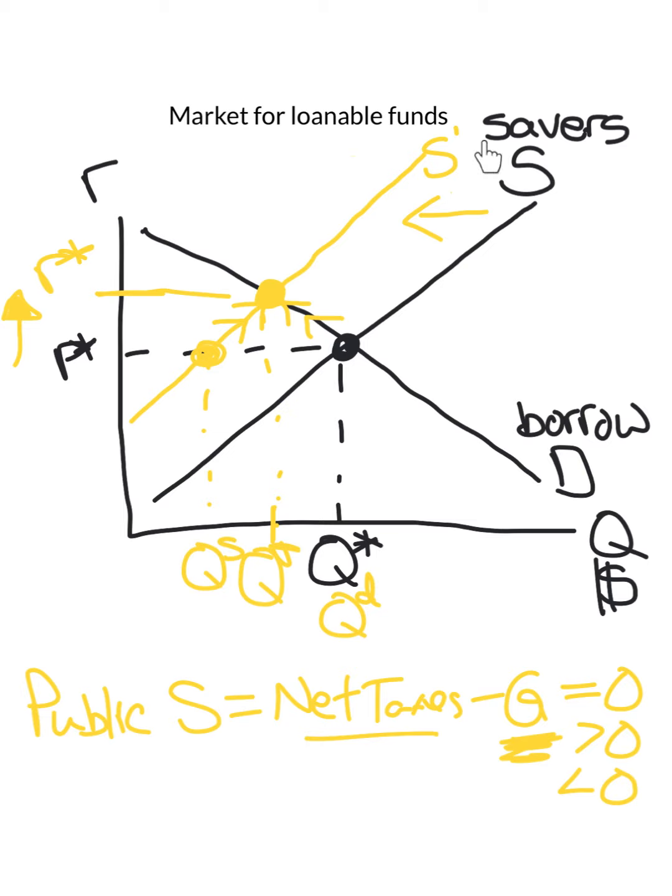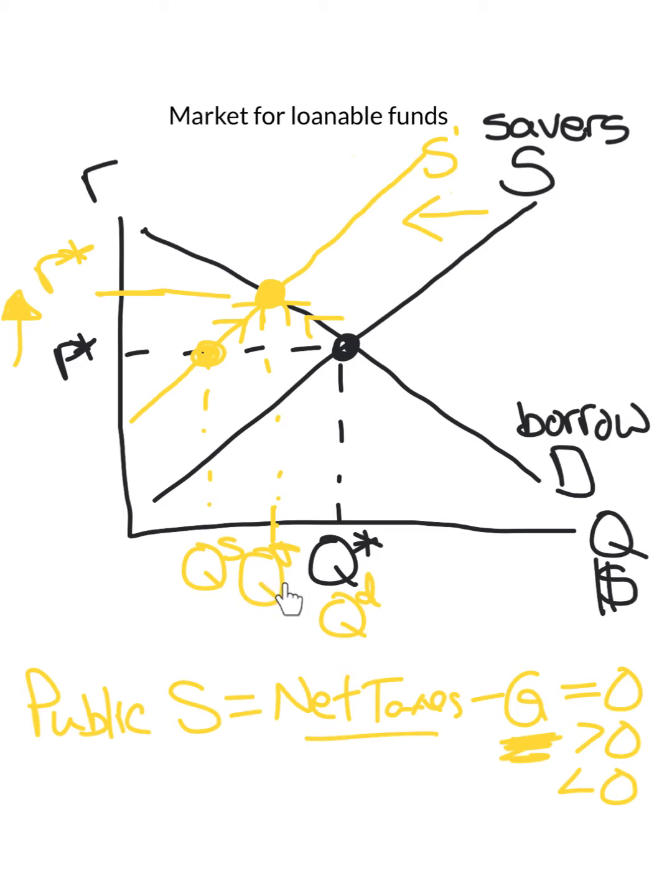So what is happening here? What is happening is that the government is spending, right? Saving less, and that's causing an increase in the cost of borrowing. And so private borrowers, private companies, right, are now less likely to borrow money because it's more expensive to borrow it.